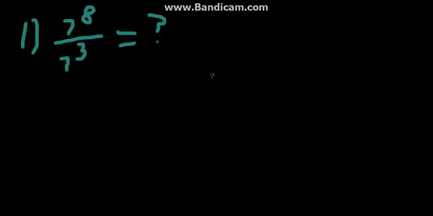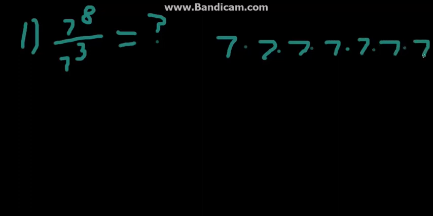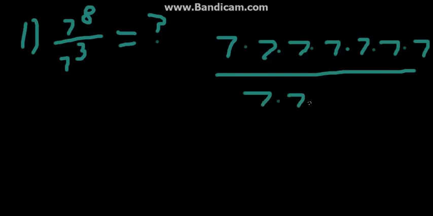Okay, so one of the exponent properties states that, well actually let me show you one way. So if I did 7 times 7 times 7, and maybe this is a bit long. It basically just says that we're supposed to minus the exponent.